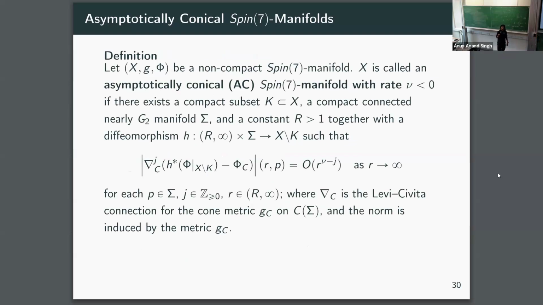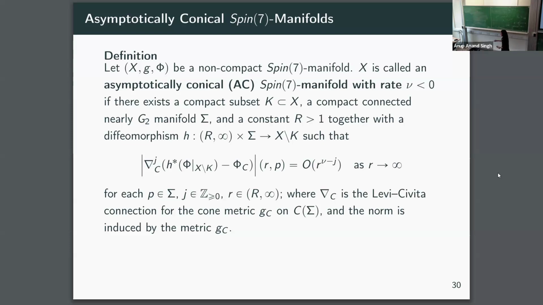This is the important part, the rate nu. If you have a compact set and a compact connected nearly G2 manifold, where you have a diffeomorphism between the cone and the manifold with the compact set removed, which satisfies this asymptotic relation involving the Spin 7 structures of those two.